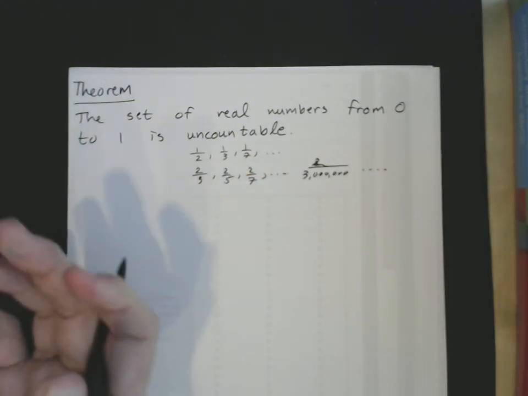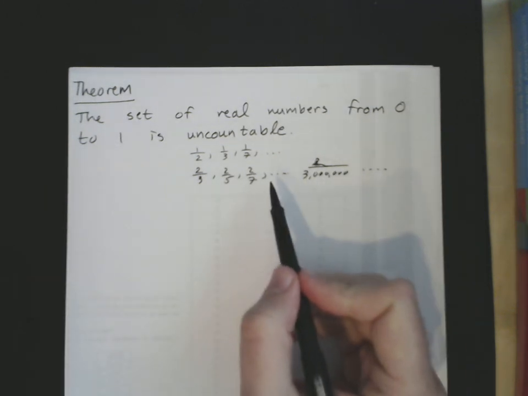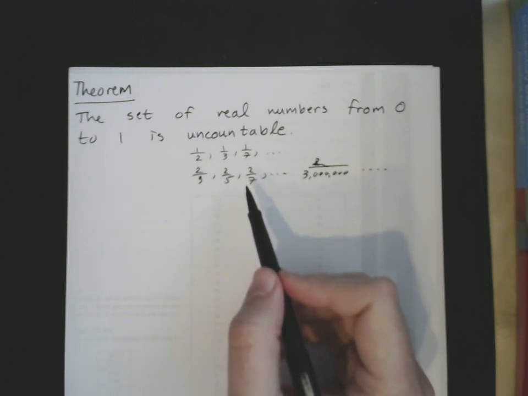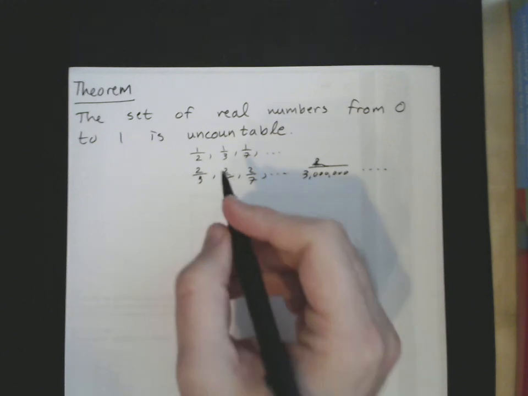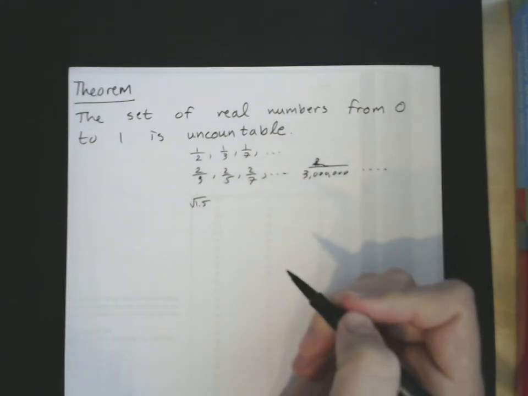So the problem with the previous mapping is that it skipped equivalent fractions. Well, we have way more equivalent fractions than we did in the rationals, because we also have all the irrationals. So not only do we have these nice things, we also have things like the square root of 1.5.